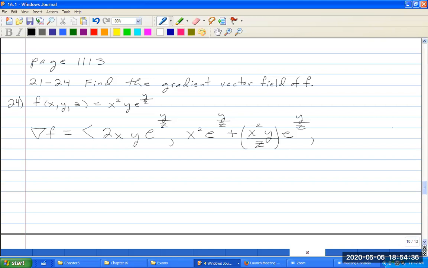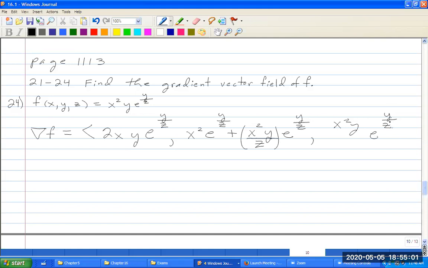Next, let's take the partial with respect to z. And so the derivative is just the constant x squared y times the derivative of e to the exponent times the derivative of the exponent.